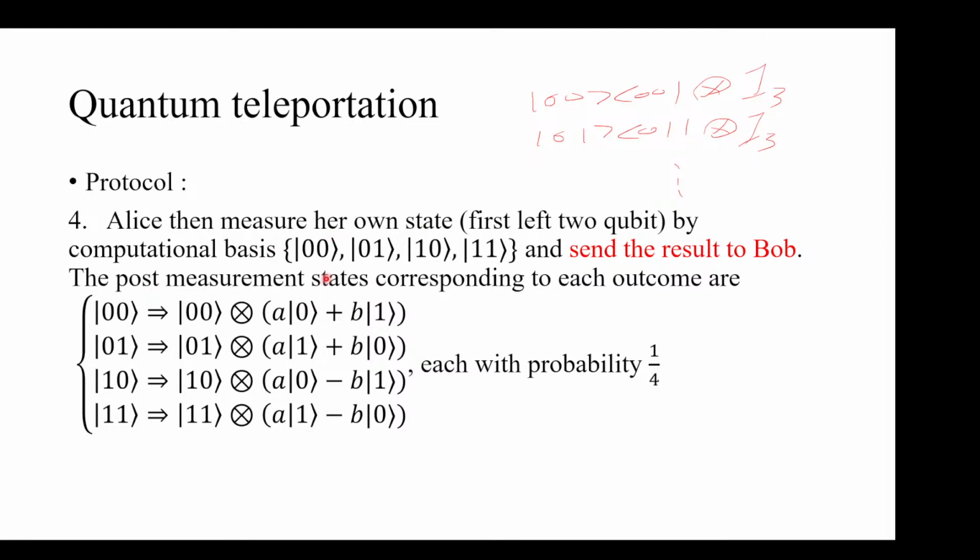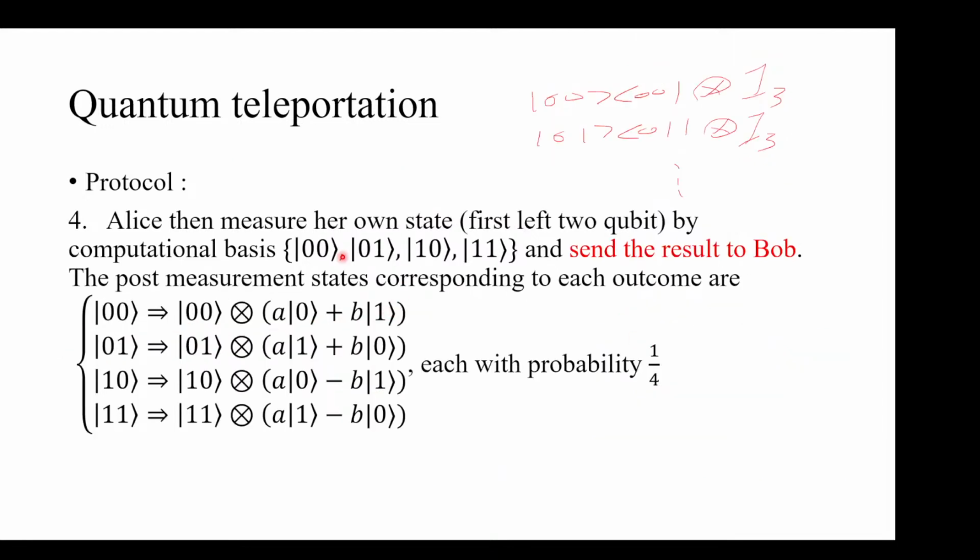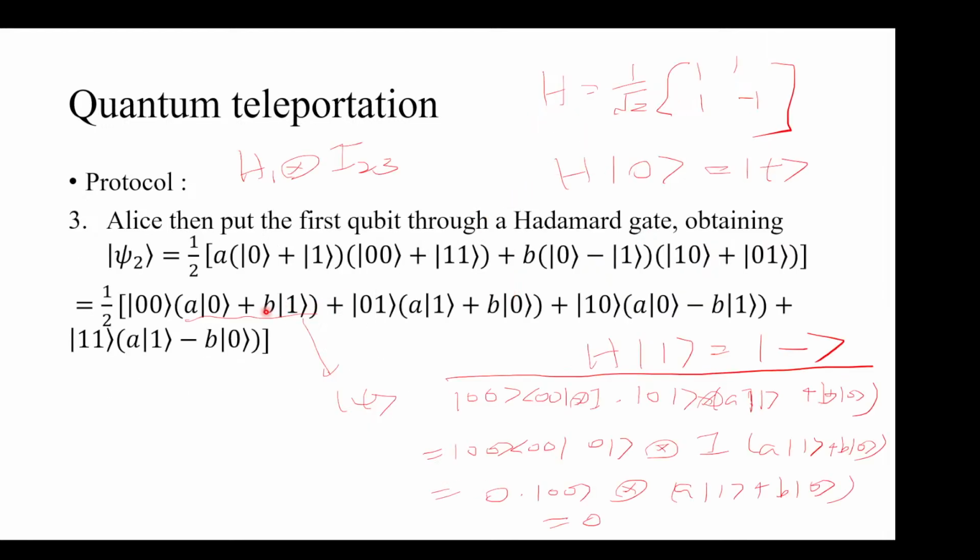Okay. So when you measure outcome 0, 0, the post-measurement state is |0,0⟩ tensor (A|0⟩ + B|1⟩) with probability 1/4. And similarly, when you measure 0, 1, the 0, 0 term, 1, 0 term, and 1, 1 term have 0 inner product, or 0 projection, onto your |0,1⟩⟨0,1| projector.